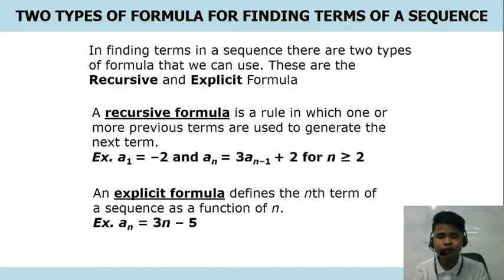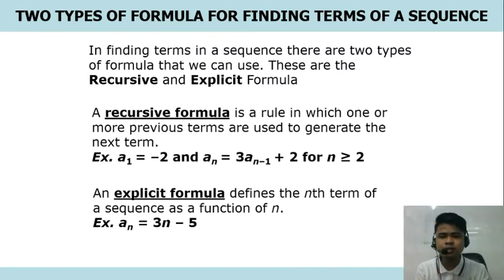In the recursive formula, the first term is stated, then the formula itself has A sub n minus 1. Okay, this one. A sub n minus 1, then there is a condition. Okay, just like this one. N is greater than or equal to 2.